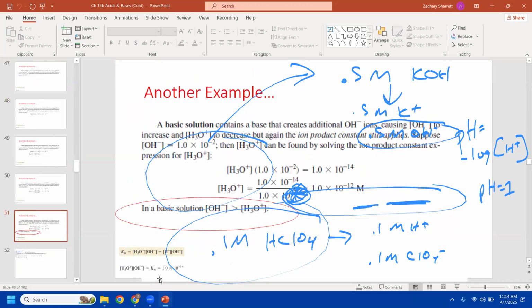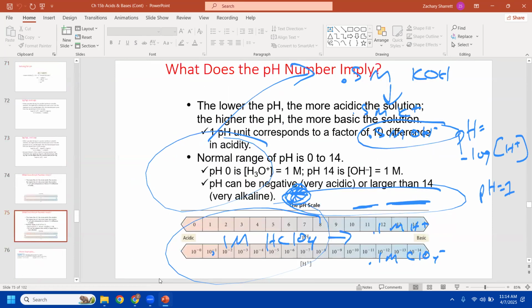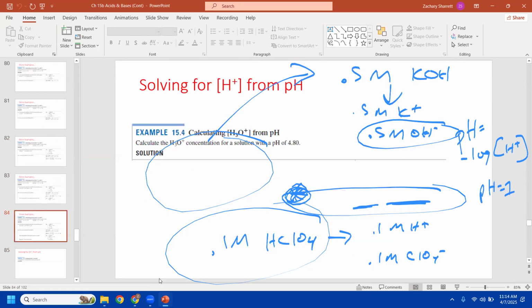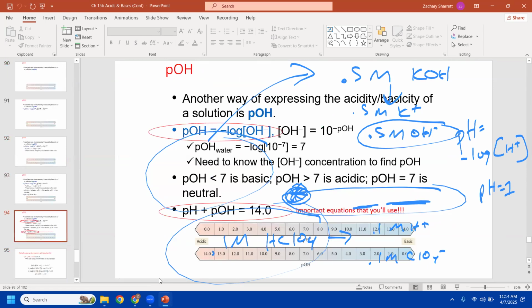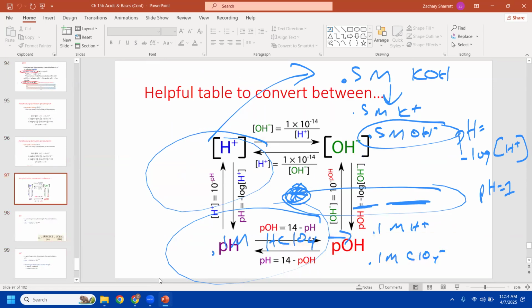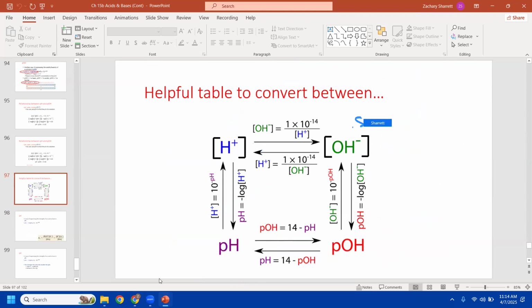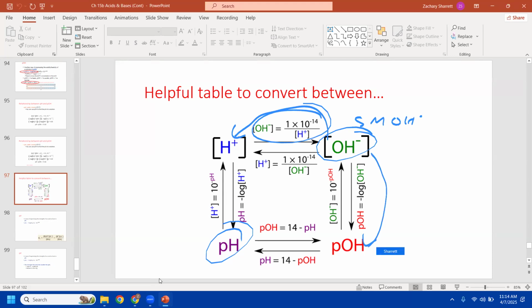This is where we have to use that little table that I had here. This table right here. So if I know the OH minus concentration, it's 0.5 molar OH minus, but I want to find the pH, I have to either convert OH minus into H plus using this formula, or I find the pOH by doing the negative log of 0.5.